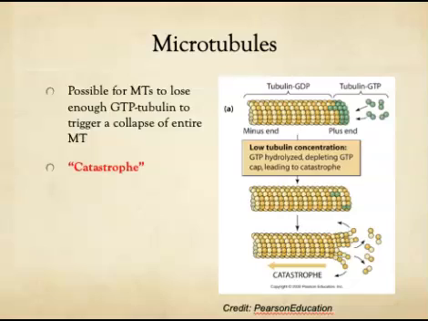Living cells can control the length of their microtubules in real time. As we saw in that short video clip, microtubules are dynamic. They are constantly changing in length and in direction that they're heading out into the cell. And the cell has complete control over this.